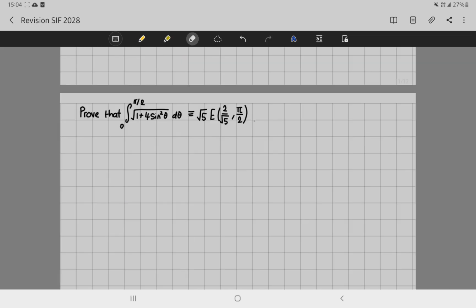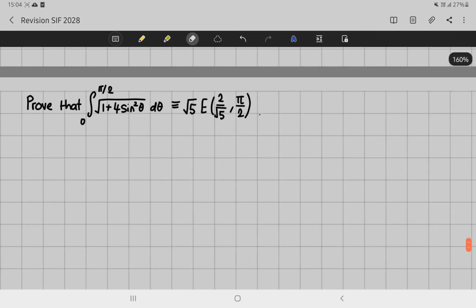Alright, the last question is to prove that this integral on the left hand side is equivalent to the elliptical integration on the right hand side.